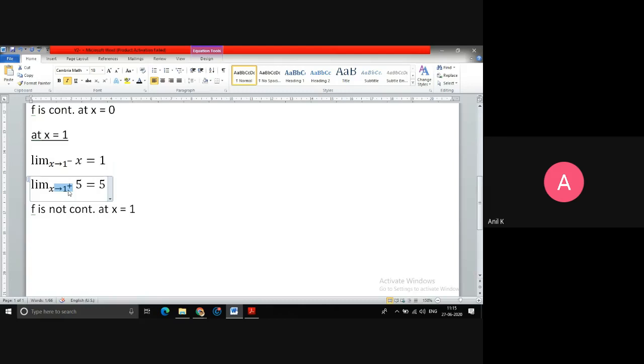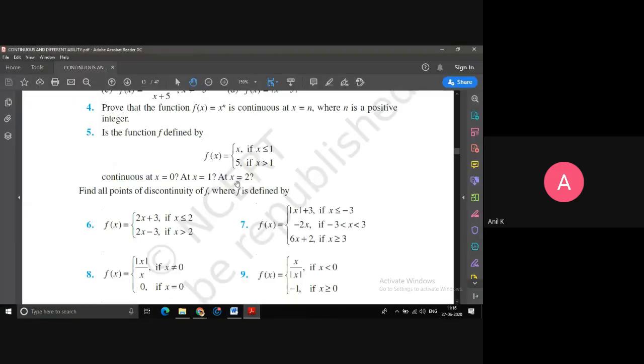Within that radius only, I am going to discuss the limit of the function, not 1 centimeter or 2 centimeter radius. So we are not going that far. So that's why when I discuss the limit at x equals to 2, we are not going below 1. In that case, left of 2 and right of 2, both functional values are going to be 5 only. So hence they are continuous.